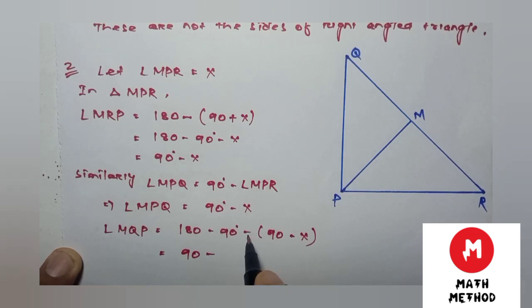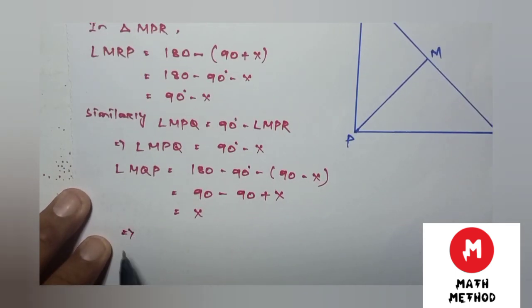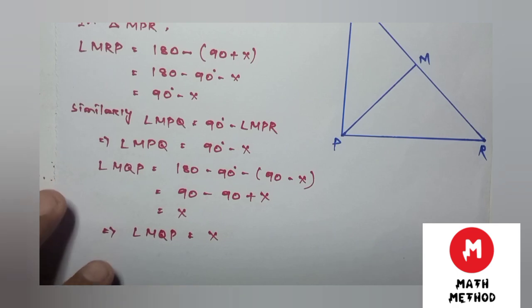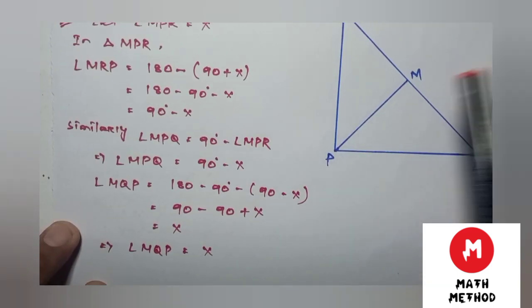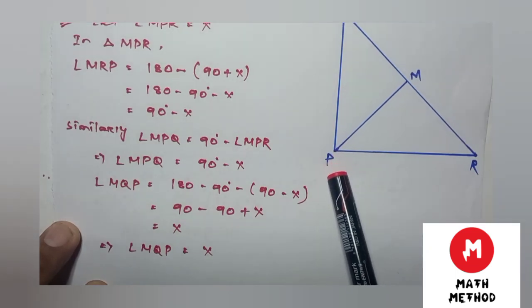So multiply the minus with both 90 and minus X: minus 90 minus into minus plus X, which is equal to 90 minus 90, 0, only X. So this implies angle MQP is equal to X degrees. Clear? So we found that angle MRP is equal to 90 minus X, and angle MQP is equal to X degrees.